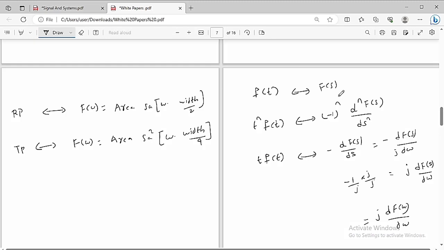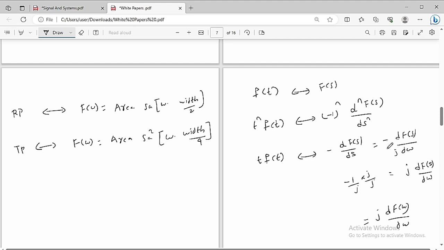So if you remember this Laplace domain formula, the Fourier transform is very simple. If f of t has the Laplace transform F of s, then t to the power of n into f of t has the Laplace transform minus 1 to the power of n into the nth derivative of F of s with respect to s. In place of n I substitute 1. So t into f of t has the Laplace transform minus 1 into dF of s by ds. In place of s I substitute j omega. j is a constant, we can take it outside of the derivative.